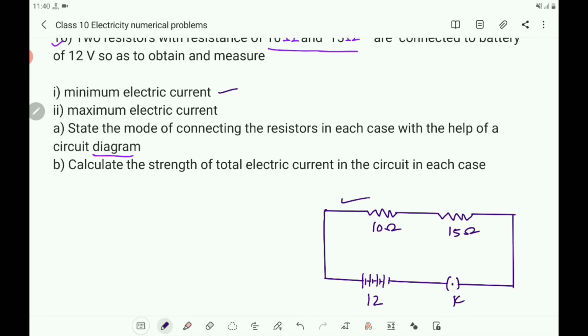So let us write the answer for the question A. State the mode of connecting the resistors in each case with the help of circuit diagram.